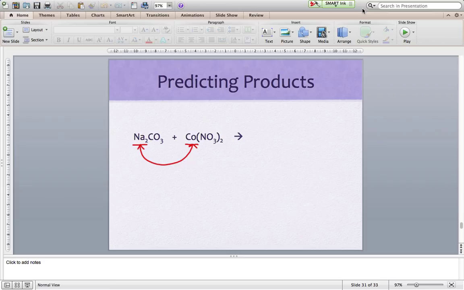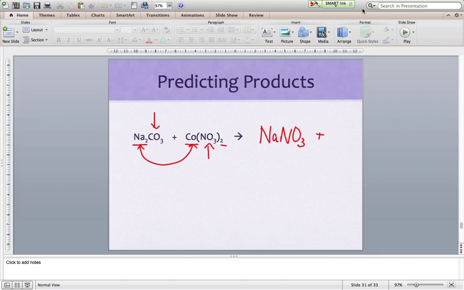In this particular example, I am told which cobalt I'm using. Cobalt is a multivalent metal. In this example, I am told that I'm using cobalt 2. So the 2 compounds that I'm going to get when I swap: sodium's going to come over here and go with nitrate, so I'm going to get sodium nitrate, and cobalt's going to come over here and go with carbonate.